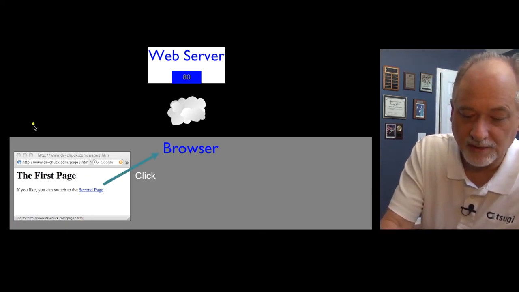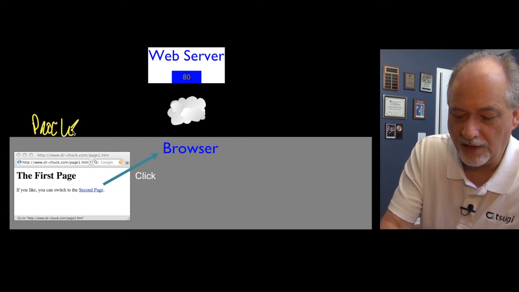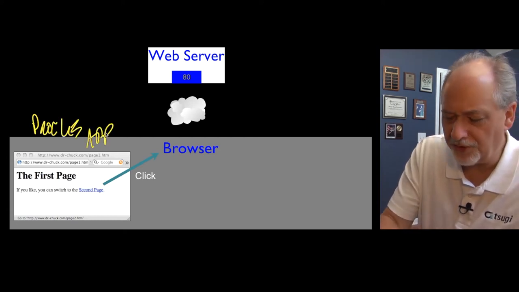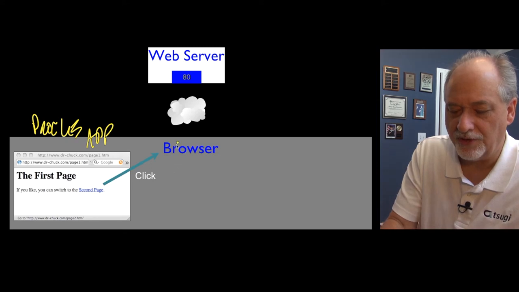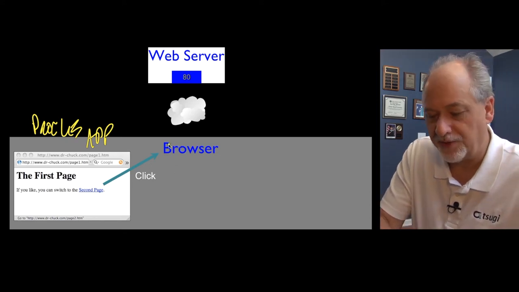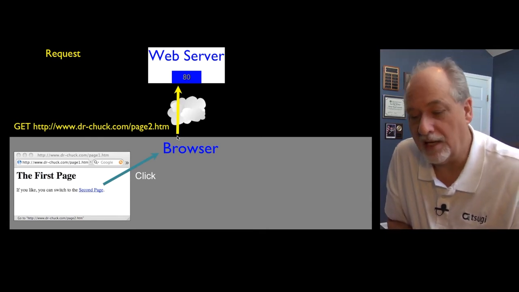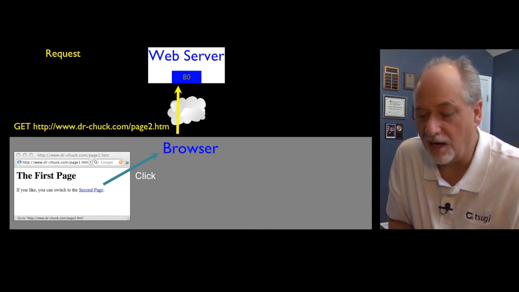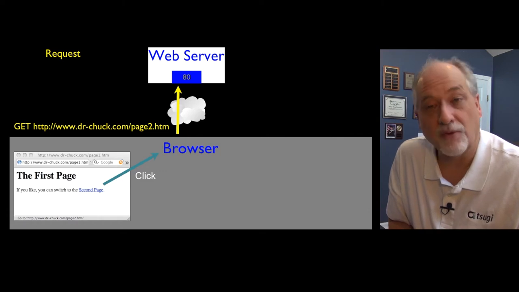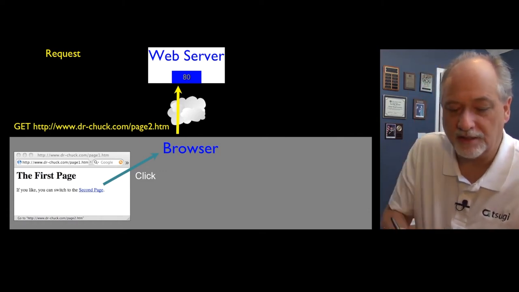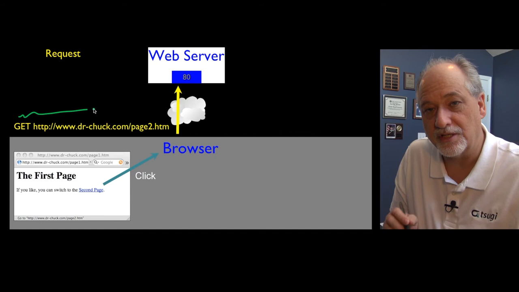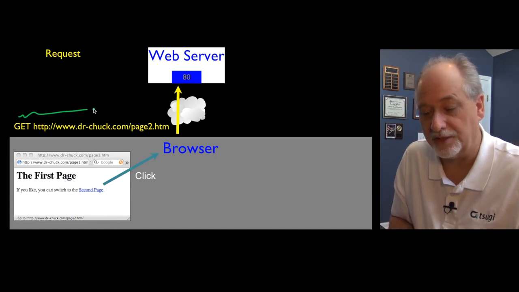This is a process or an app that's running on your computer. This is the browser, okay? And when the browser sees the click inside your computer, then the browser makes a connection to port 80 on the web server, drchuck.com, and sends the request. This request that it sends is precisely specified by a standard, which we will see in a second.